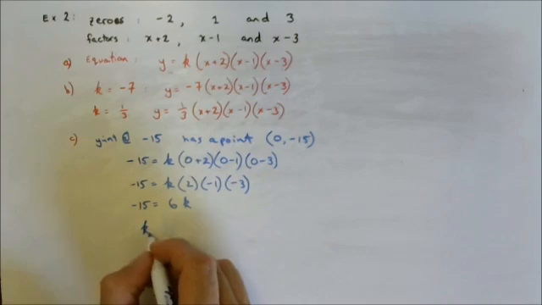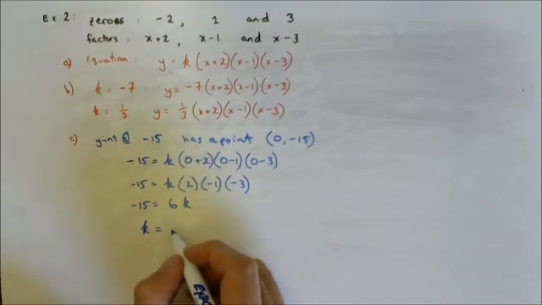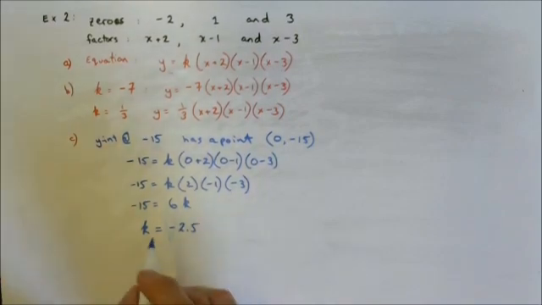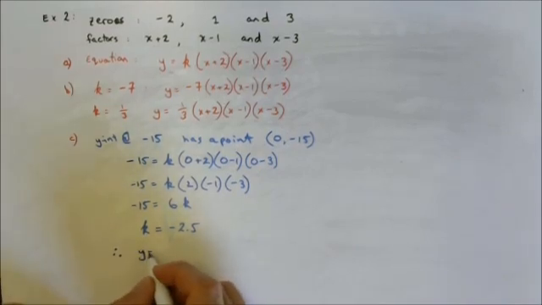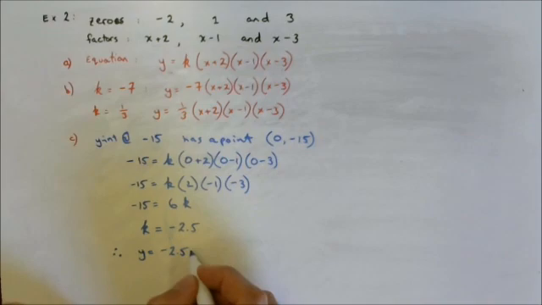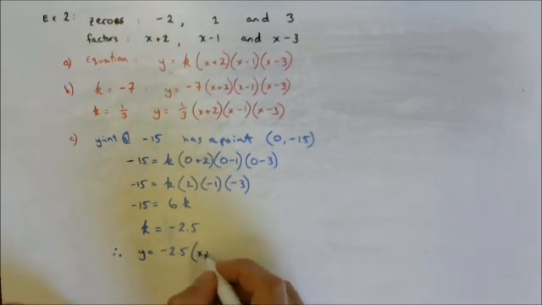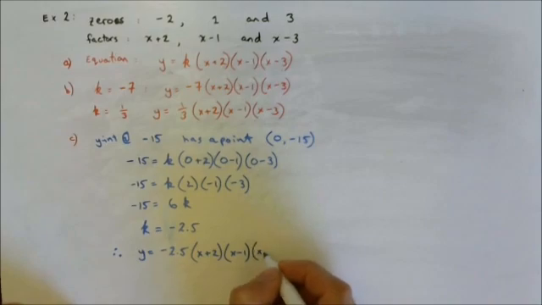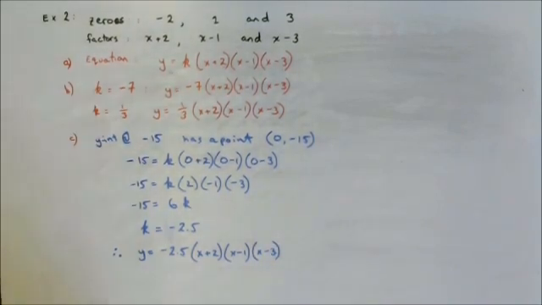Divide both sides by 6, and you get k equals negative 2.5, which tells us that in this family, the only function with a graph that has a y-intercept at negative 15 is y equals negative 2.5 times our factors, (x plus 2)(x minus 1)(x minus 3).